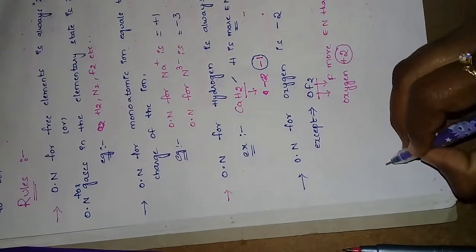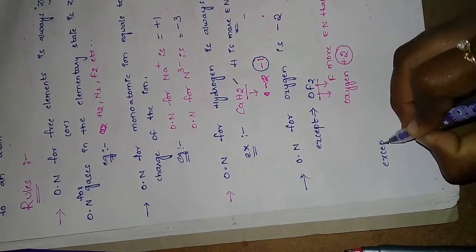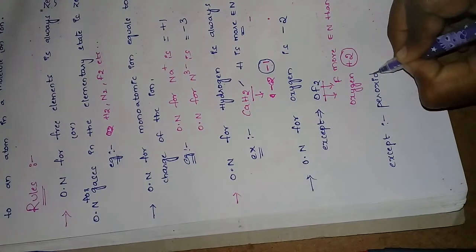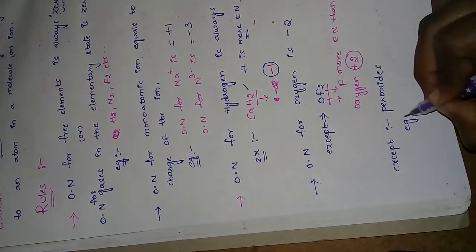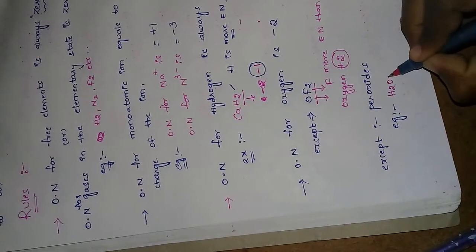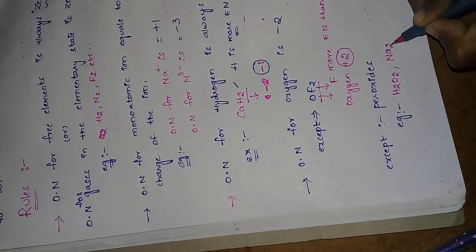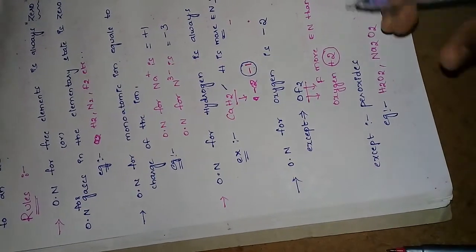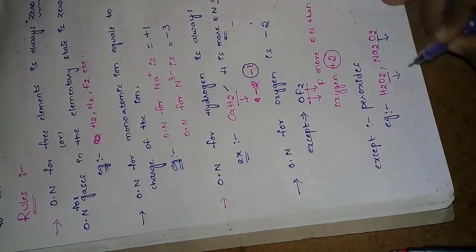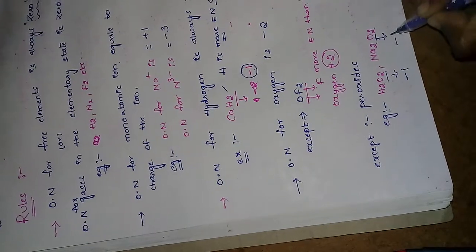And another exception case is peroxides. Example, H2O2, Na2O2. In the H2O2 molecule oxygen gets -1 charge.